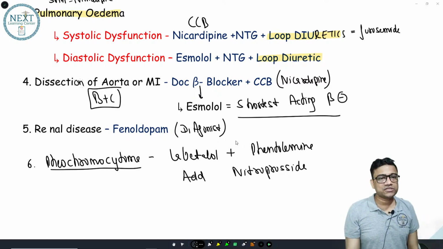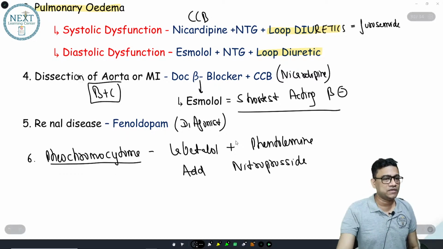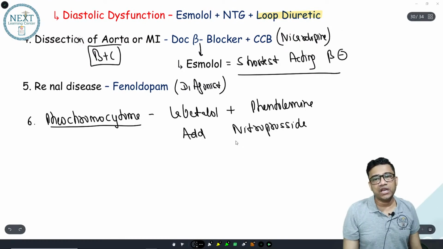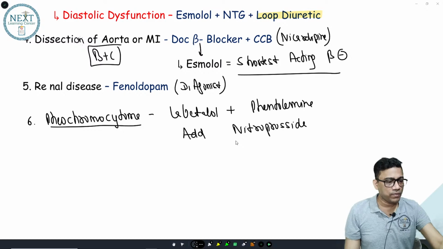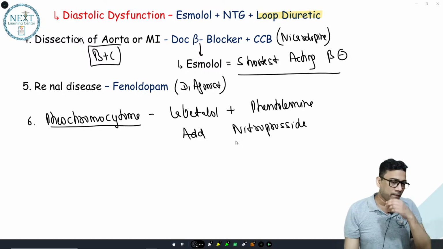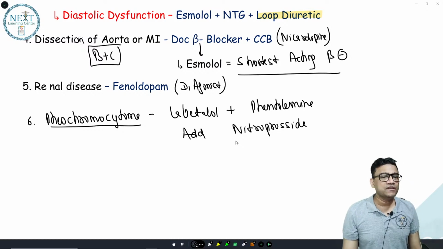Okay, because it is B and C, so what will you give in B and C? We will give beta blocker, esmolol, and CCB. If renal disease, fenoldopam. And pheochromocytoma, labetalol and phentolamine. We can add nitroprusside. I discussed that in endocrine also.